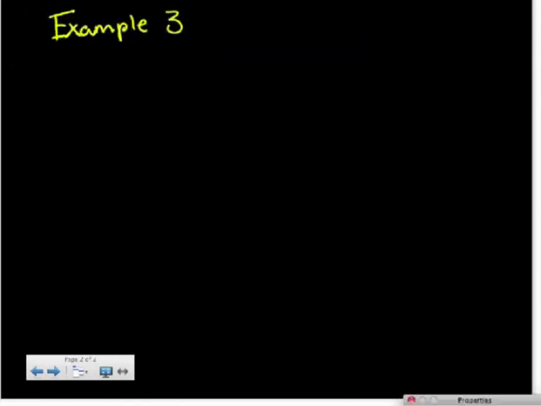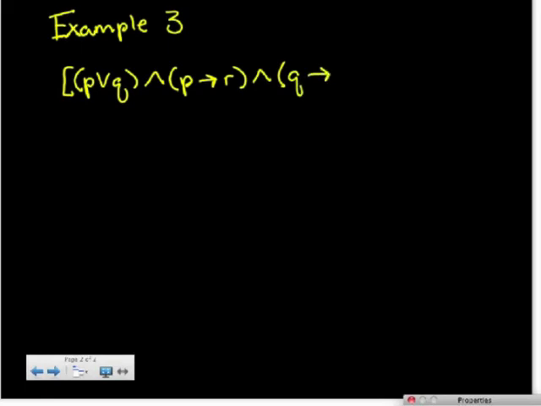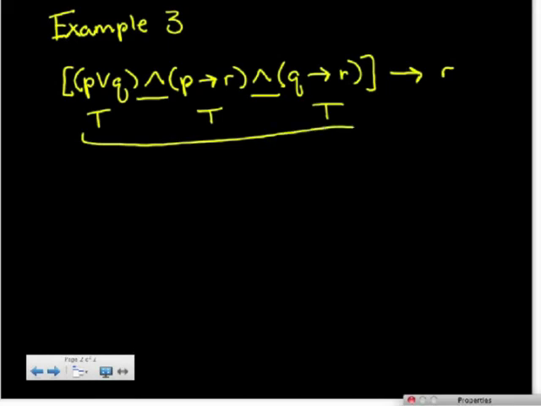Okay, for our final example, it's going to be a little bit more difficult. It's going to be the quantity P or Q and the quantity P implies R and the quantity Q implies R, and that whole thing implies R. So from our last example, we learned that since we have the AND symbols right here and right here, all of these statements have to be true in order to make this entire side true.